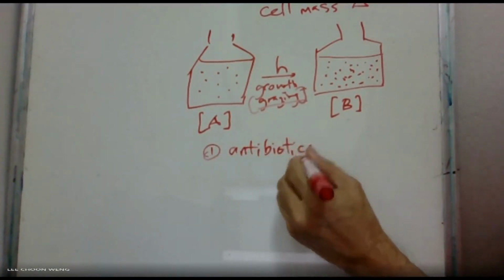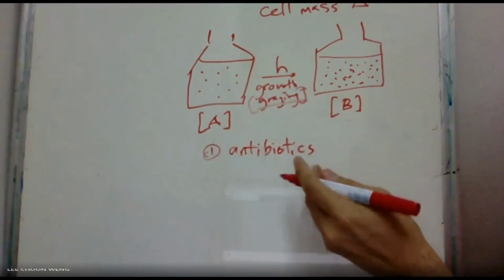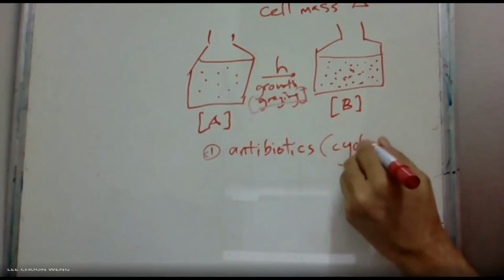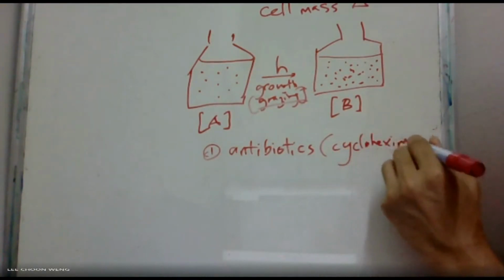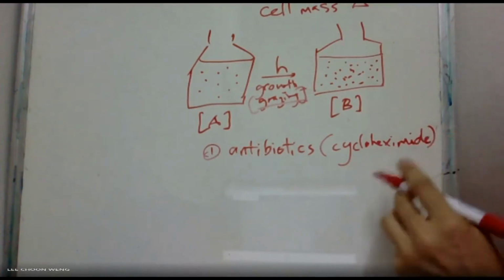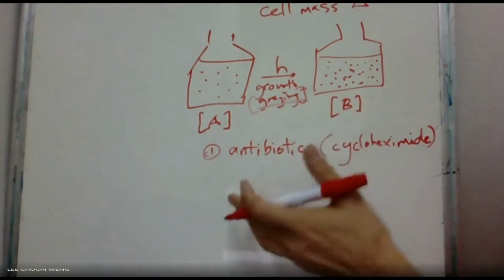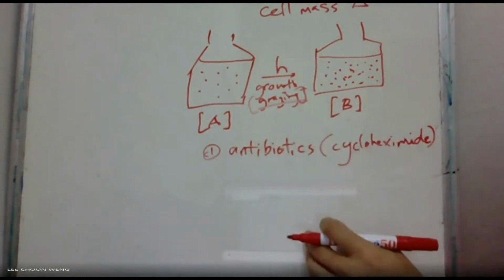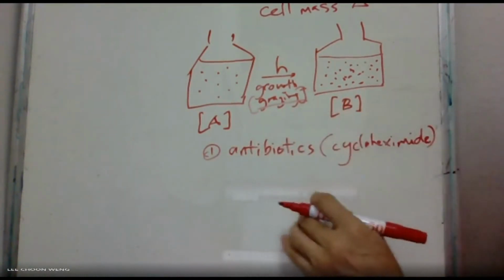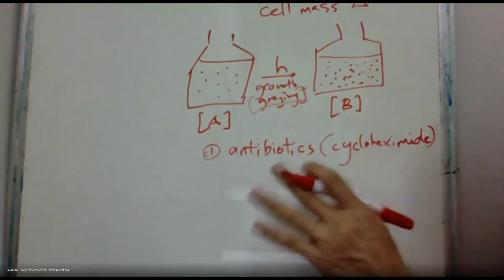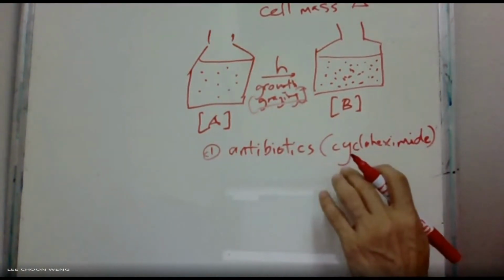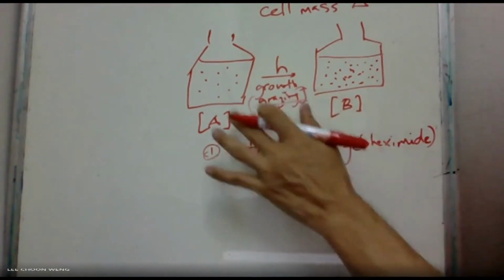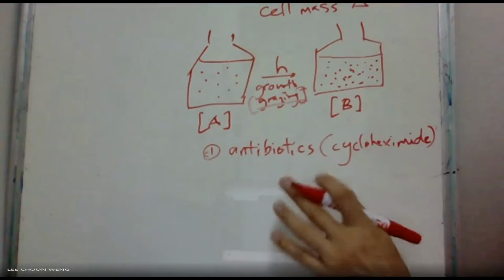You add antibiotics for the eukaryotes, for example cycloheximide. You don't add antibiotics for the bacteria, the prokaryotes. So you add antibiotics that are more specific for eukaryotic organisms to either kill the protozoa or to stop their activity. That will allow the bacteria to grow normally.